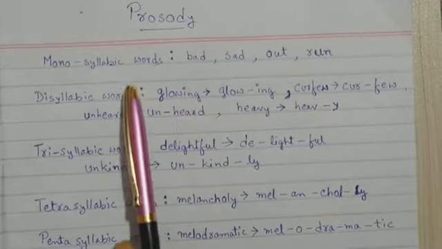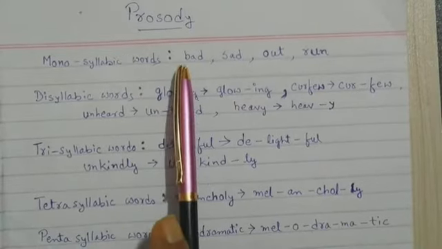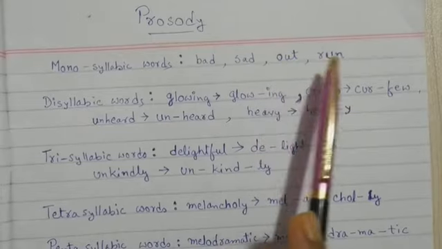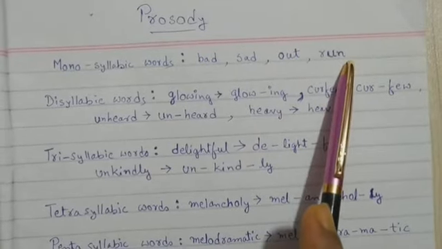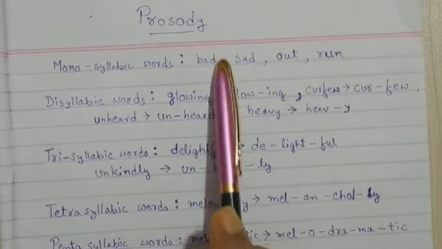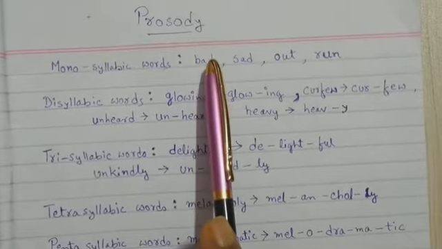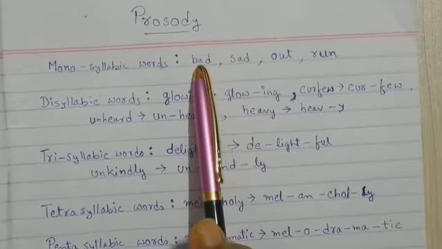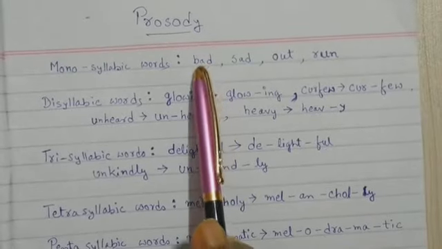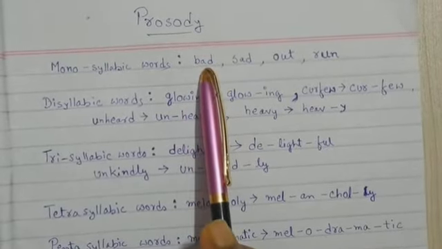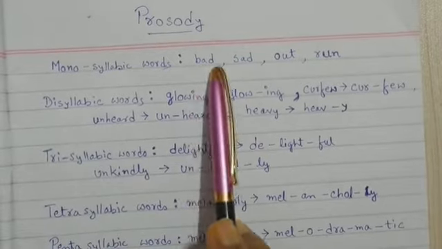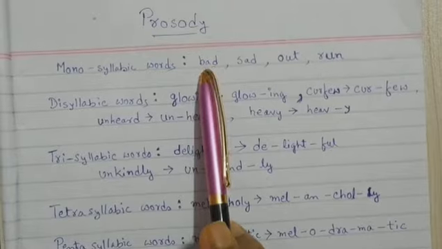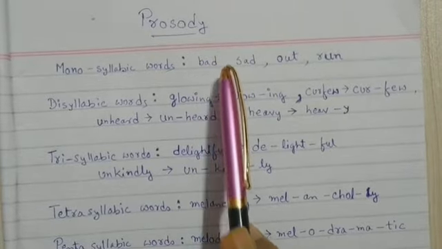So the examples of monosyllabic words are bad, sad, out, run. Because what do we have? We have only one syllable, based on only one vowel. We have only one vowel in these words. That's why it cannot be broken into other syllables.